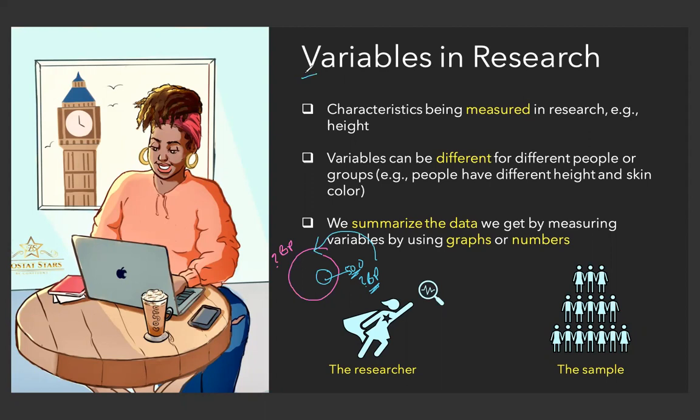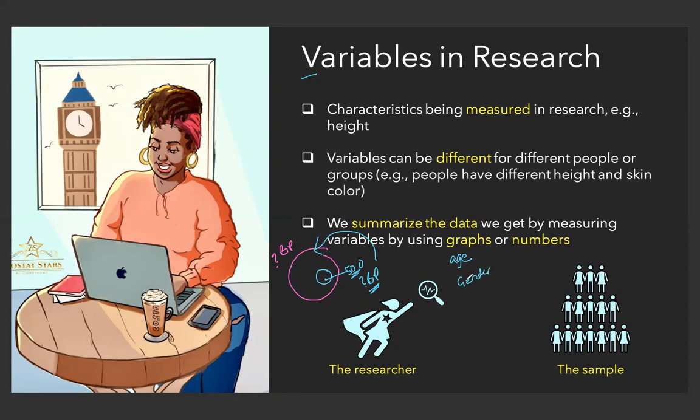And variables can be different for different people because obviously everyone is not the same. So in my sample, I can measure variables such as age, right? Age could be different for these 500 people. Some people might be young, some people might be old. I could also measure gender, right?